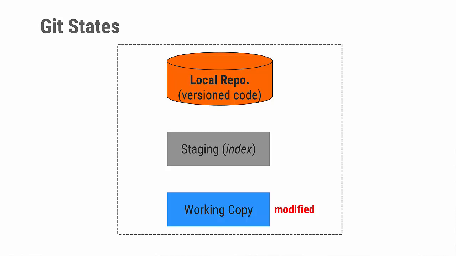Sometimes some of the files may not be useful for other developers. So in which case you would want to add only the ones that would be useful. So what you would do is you would add those files which you want to commit into the staging area, and we say that those files are in staged state. So initially we had the modified state and now the staged state.